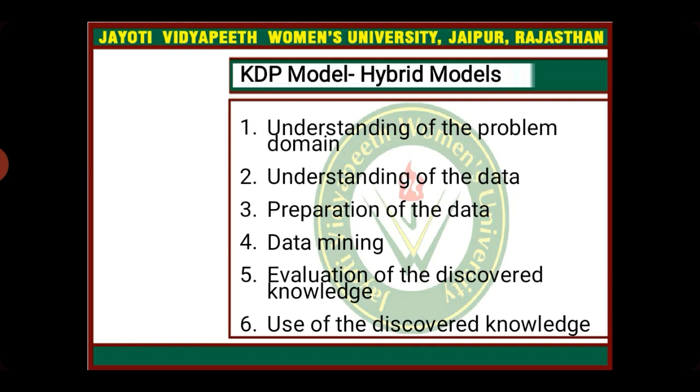The last step is use of the discovered knowledge. The final step consists of planning where and how to use the discovered knowledge. The application area in the current domain may be extended to other domains. A plan to monitor the implementation of the discovered knowledge is created and the entire project documented.